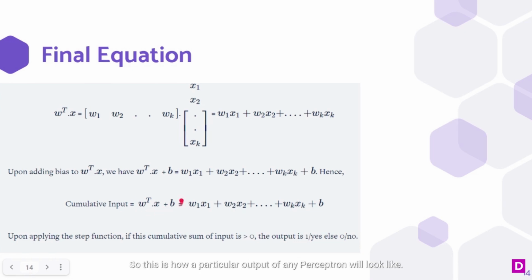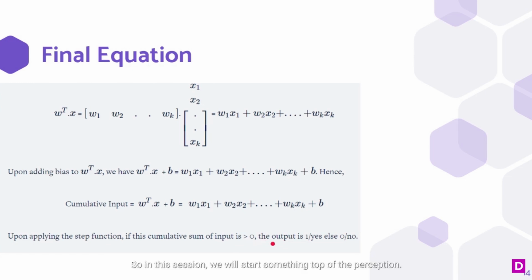This is how the output of any perceptron looks. We also arrived at the conditions of this output equation: if the cumulative sum of the input is greater than 0, what it is, and if it is equal to 1, what it is. So this is what we arrived at in the previous session.